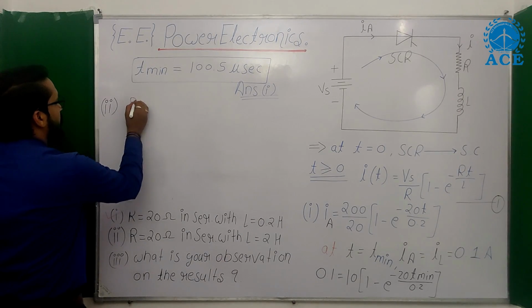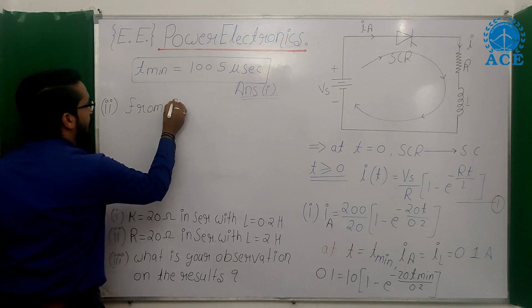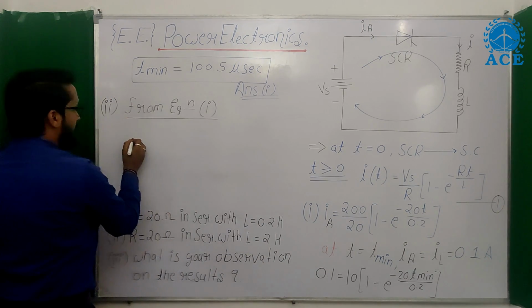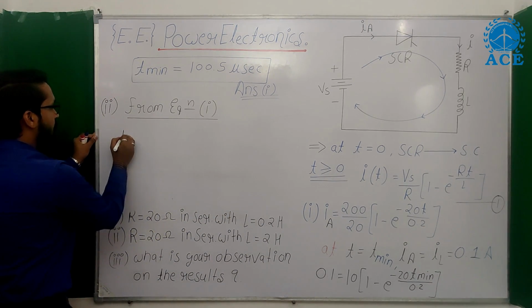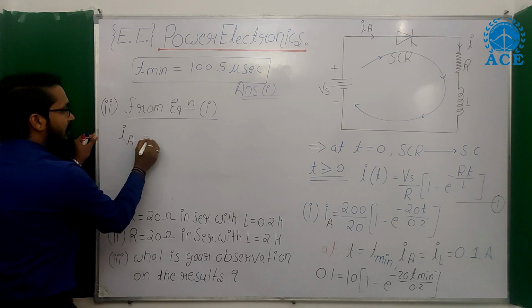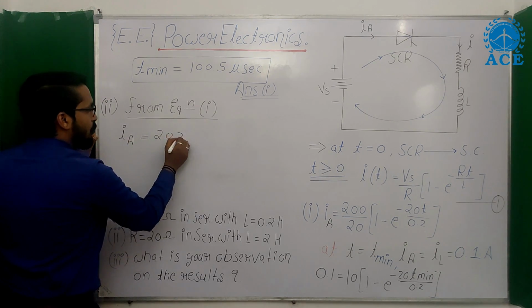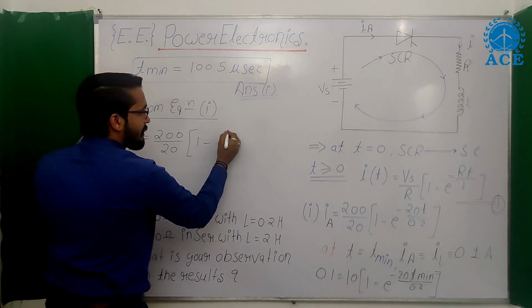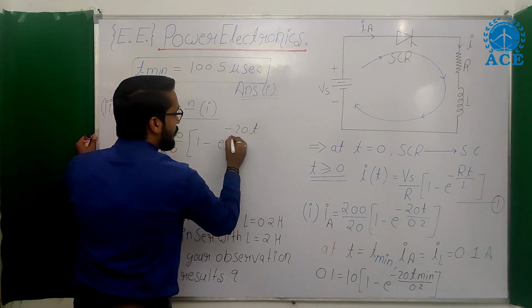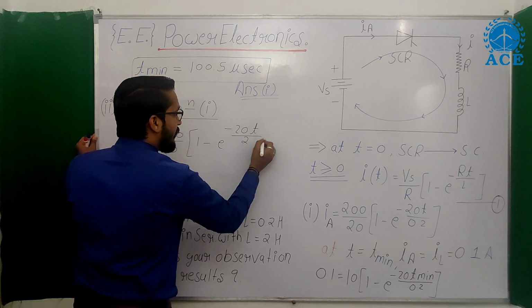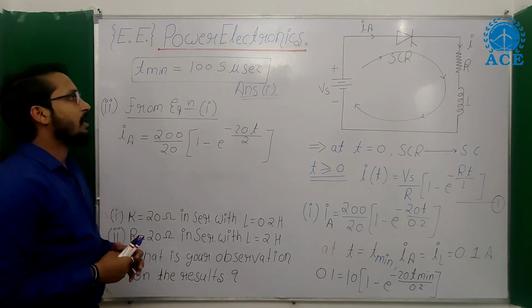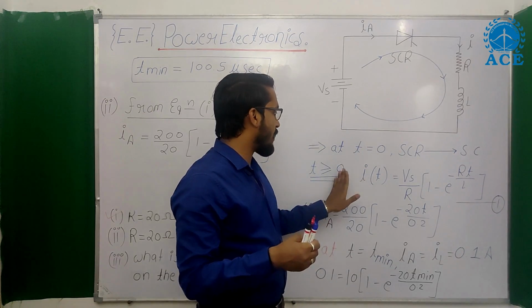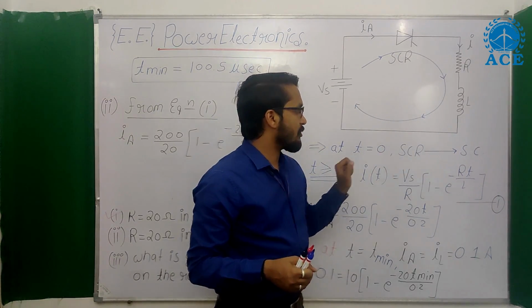From equation number 1, the anode current equation will become 200 divided by 20, in bracket 1 minus e power minus 20t divided by 2 Henry. Means if you give the gate pulse to the SCR, then onward the SCR will behave as a short circuit.